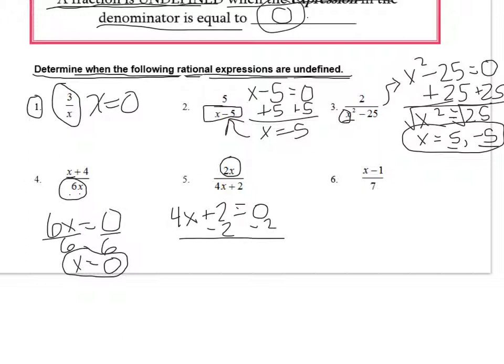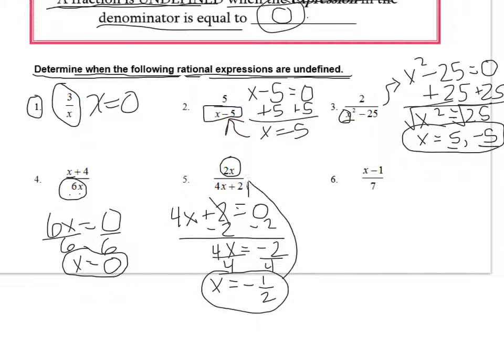Subtracting 2 from both sides, you get 4x equals negative 2. And then dividing by 4 on both sides, be careful here, it's not x equals negative 2. 4 divided by negative 2 gives you negative 2, but negative 2 divided by 4 is actually the fraction negative 1/2. So negative 1/2 is the value of x that would result in making this fraction undefined.